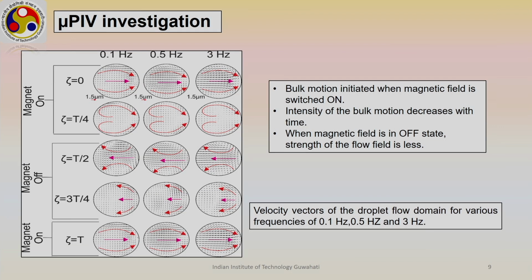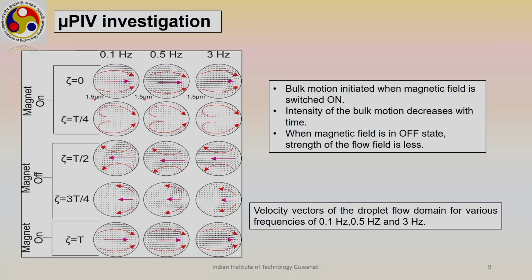Now, to obtain the quantitative picture of the flow velocity that is developed inside the flow domain, we have used micro PIV analysis, and for that we had to consider seeding particles.